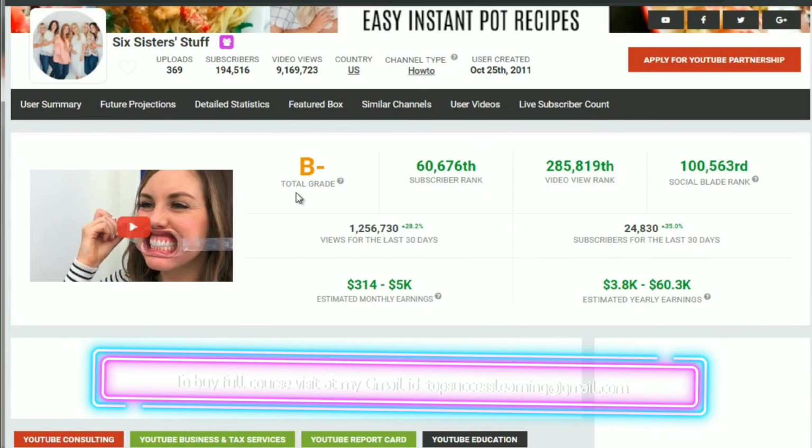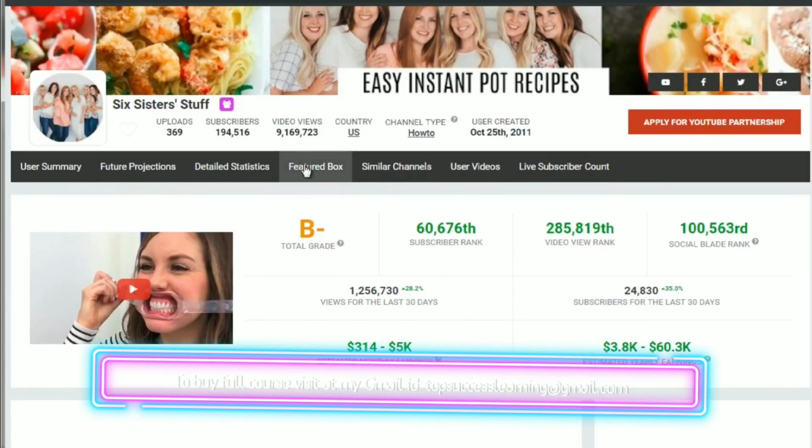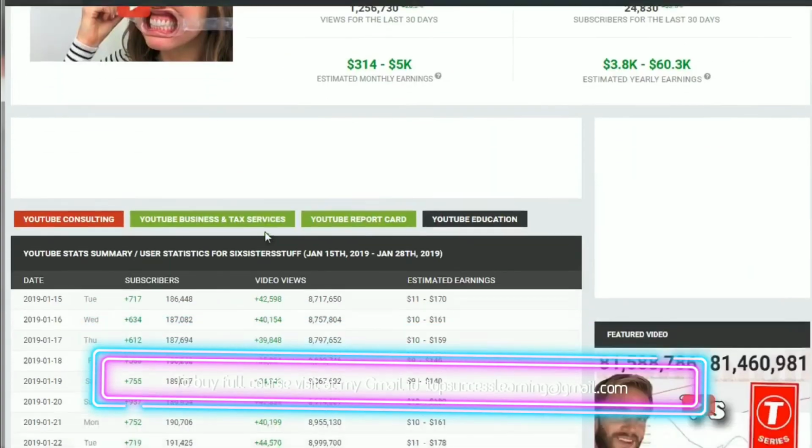But the way we can break through is by using essentially subcategories of that keyword. So Instant Pot recipes or Instant Pot chicken recipe, stuff like that. So we can see that each one of these has about 100 to 200,000 subscribers. So you're going to have to be competing against that.